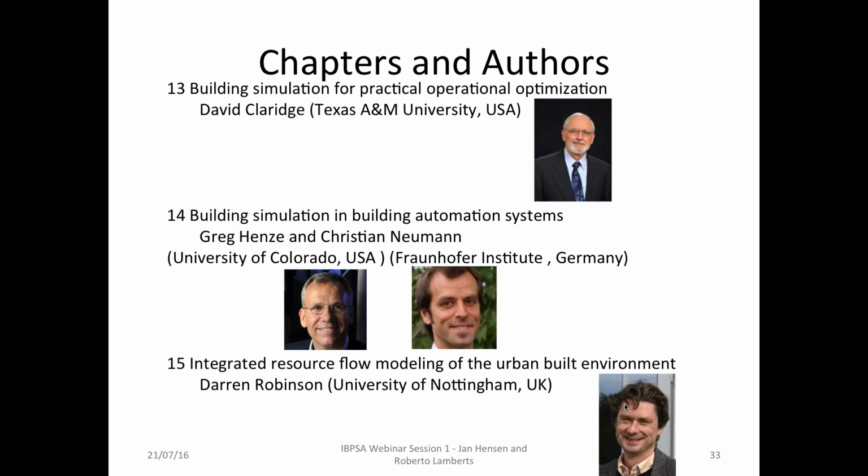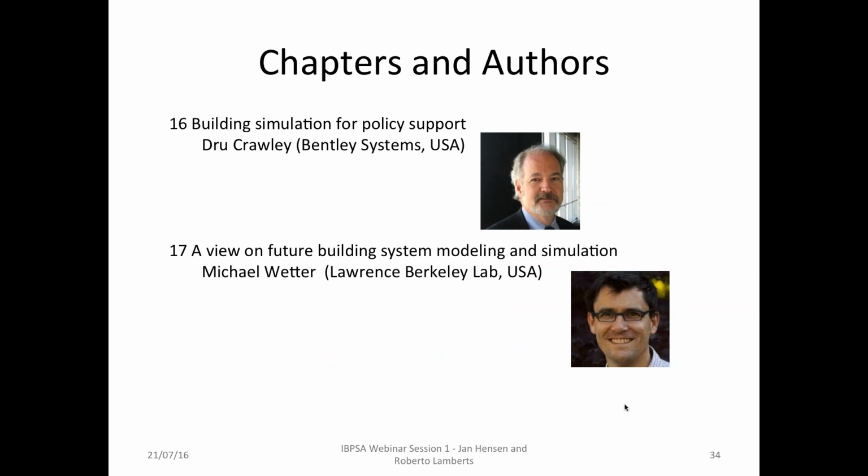Chapter 14 on building simulation in building automation systems by Gregor Henze and Christian Neumann. Chapter 15, integrated resource flow modeling in the urban built environment by Darren Robinson. Chapter 16, building simulation for policy support by Drew Crowley. And chapter 17, a view on future building system modeling and simulation by Michael Wetter.